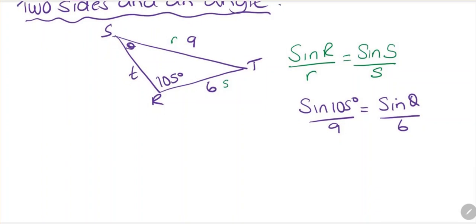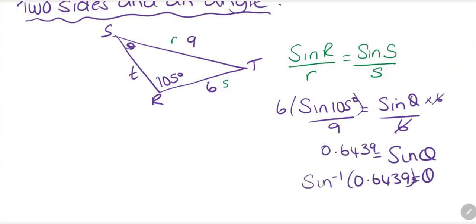So if I multiply both sides by 6, this will simplify. And this is what I'll have: 6 sine 105 divided by 9. And I'm just going to put that in my calculator.